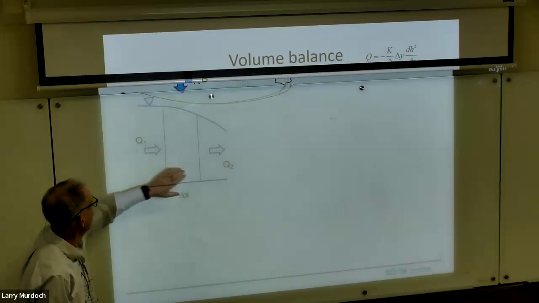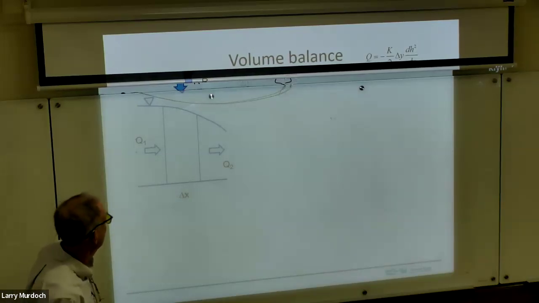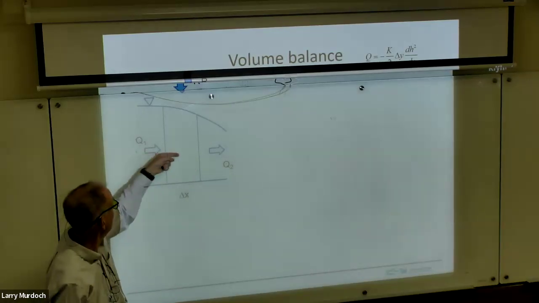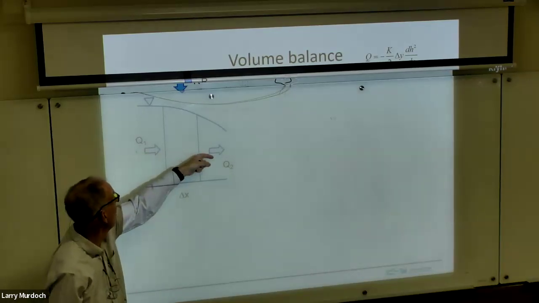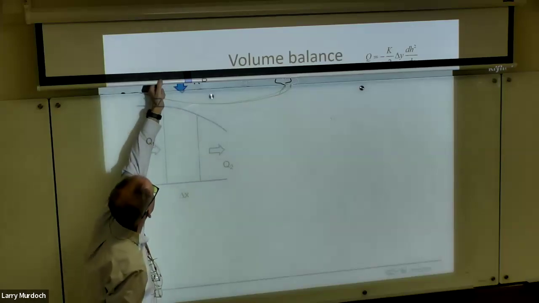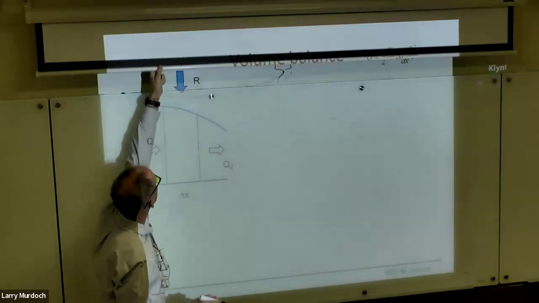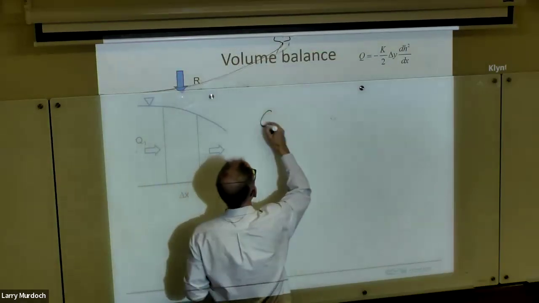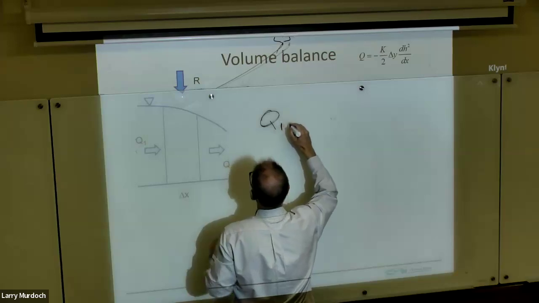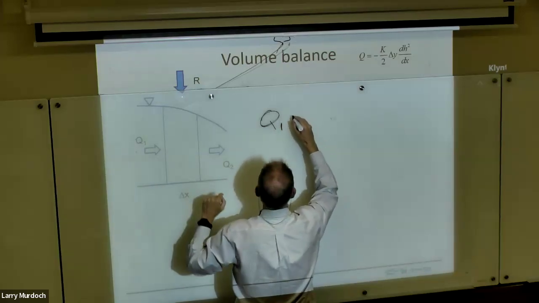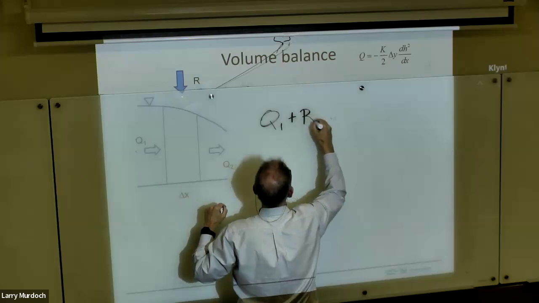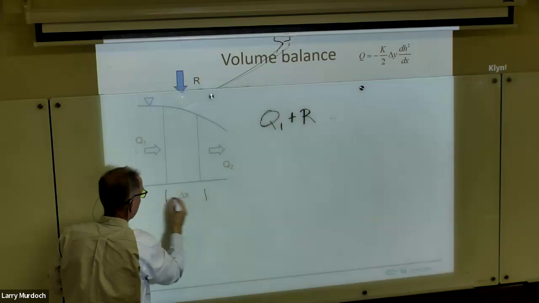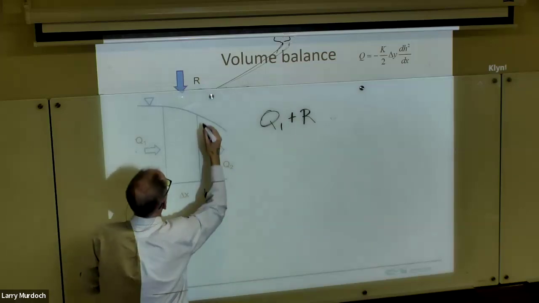Okay, so here's our control volume. We'll have flow coming in, flow coming out. And right here, it's a little hard to see where the screen is set up, but we've got recharge coming in. So the volume balance is just Q1, the flow coming in, plus recharge coming in, and this is delta x.